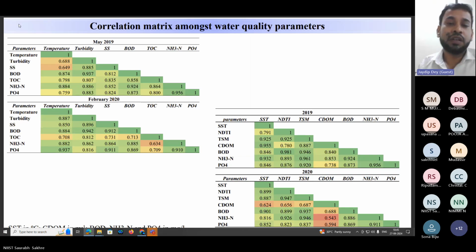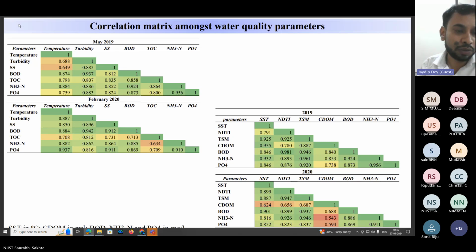As I was working on sewage pollution, I have considered other parameters also, which are optically not active, like BOD, nitrate and phosphate. I have correlated all these parameters with optical parameters. So here is the correlation among optical and non-optical parameters.